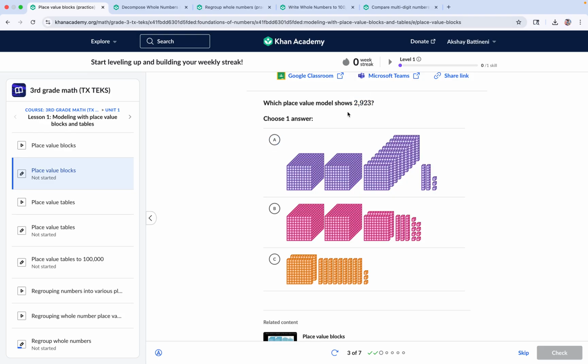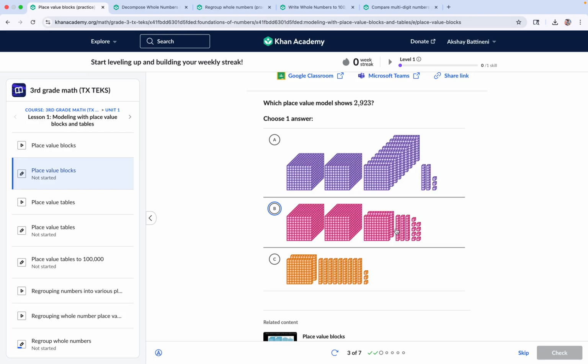But let me show you how these ones aren't right, in case you got those. So here we have 1,000 here and 1,000 here, so that's 2,000. So that's right so far. And then we have 2 hundreds. That's what's not right here. We have 2,200, and then we also have 3 tens here.